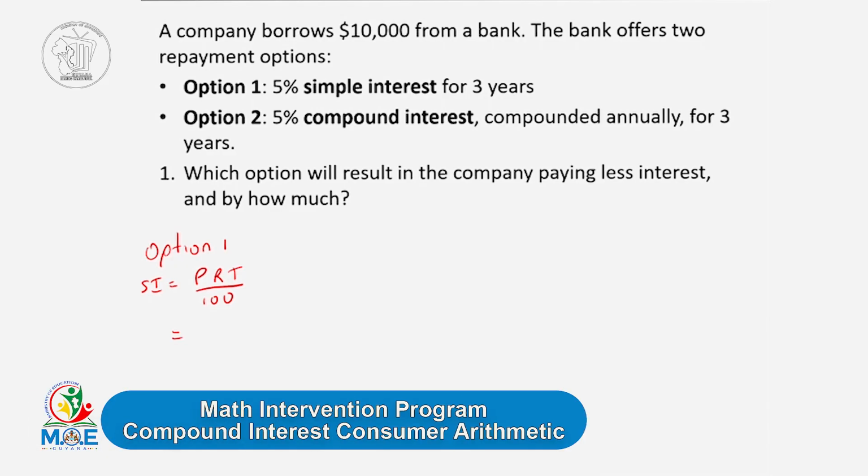So the P would be the principal. So the principal would be 10,000 multiplied by the rate, which is 5, multiplied by the time, which is 3 years. And all of this will be divided by 100.